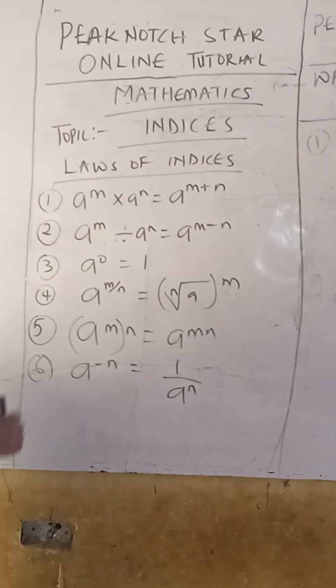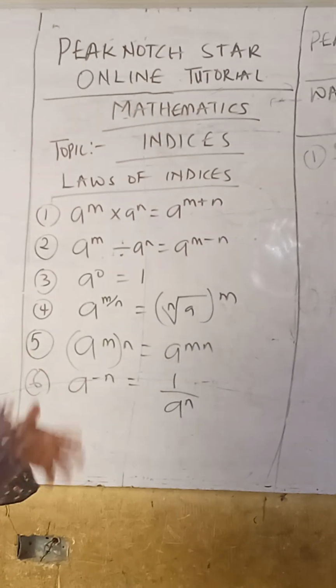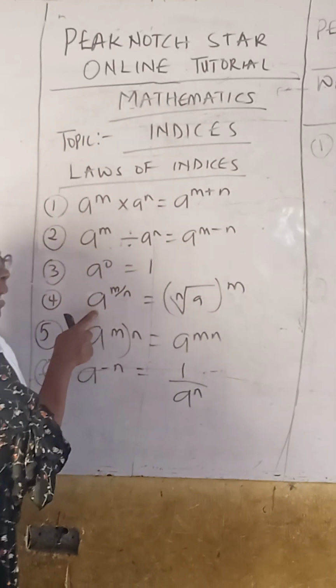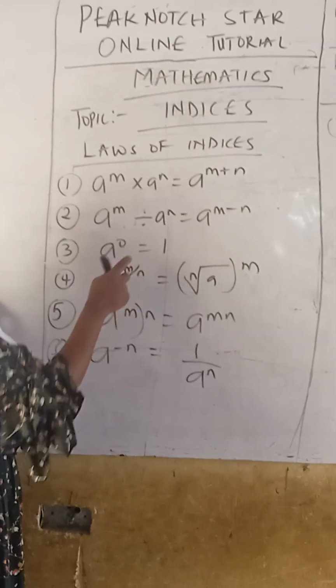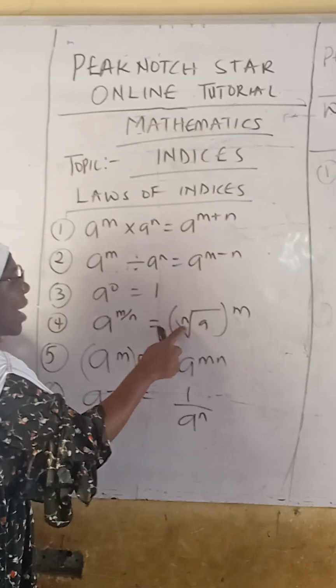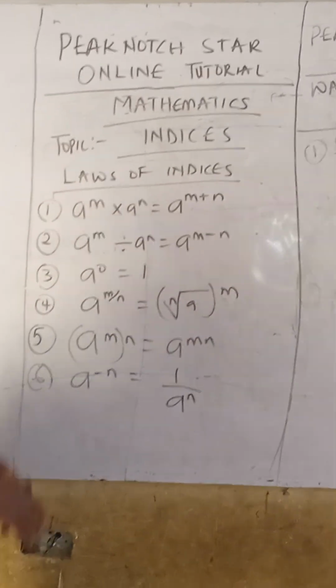Now, another law says that anything raised to power 0 is 1. We'll prove that for you later. Also, a number raised to a fraction implies the denominator of the fraction will serve as the root, while the numerator will serve as the power.